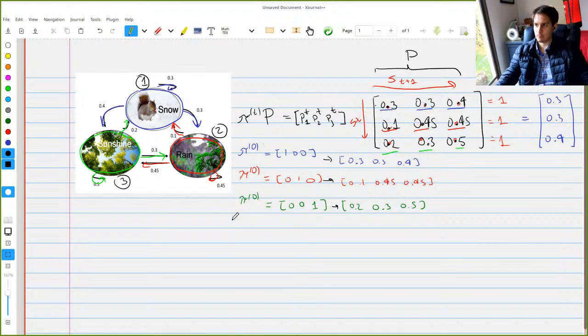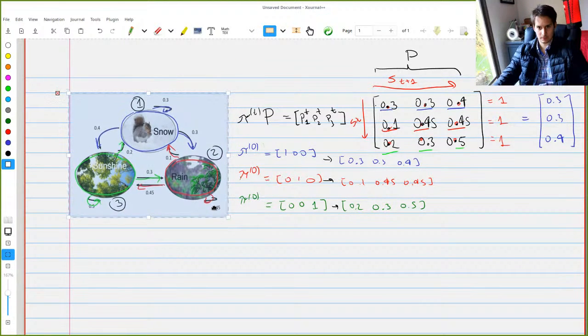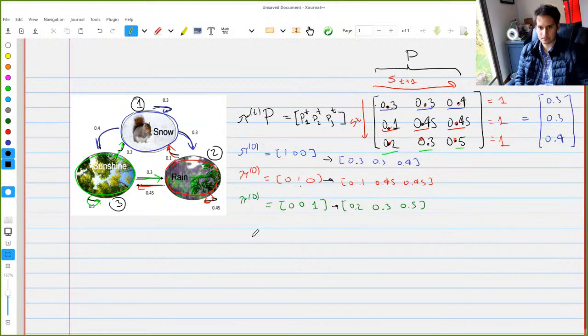Okay. Well, this was an easy example just to start, and now we need to calculate what pi 100 is. How do we do that?